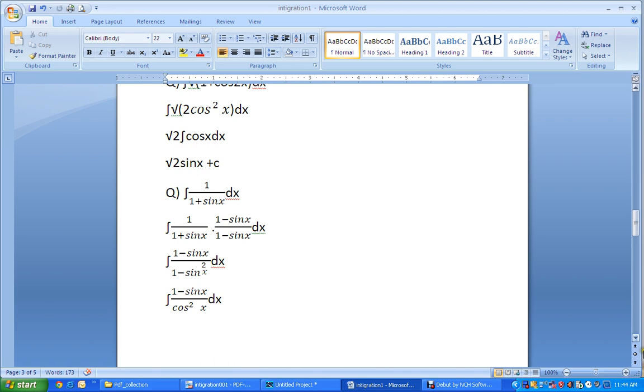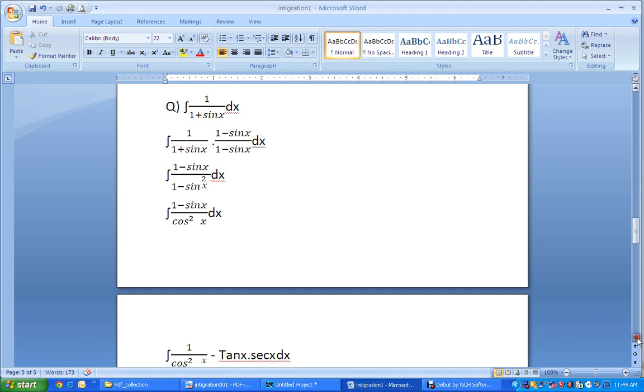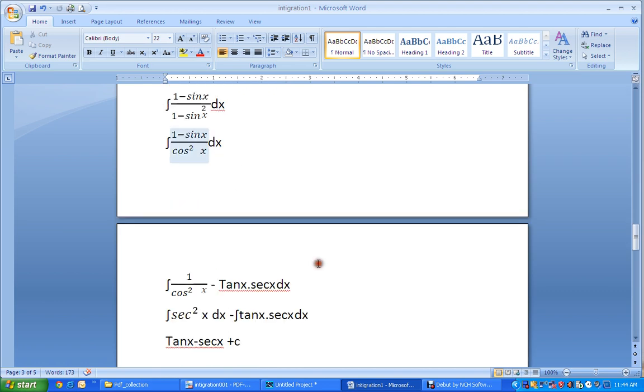Now we will separate it into two parts. We are separating the denominator. So 1 by cos square x minus sin x by cos square x. This will become tan x into sec x. The first part, 1 by cos square x, is secant square x, then dx.